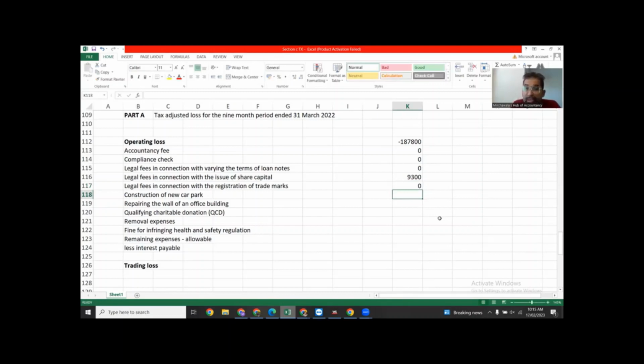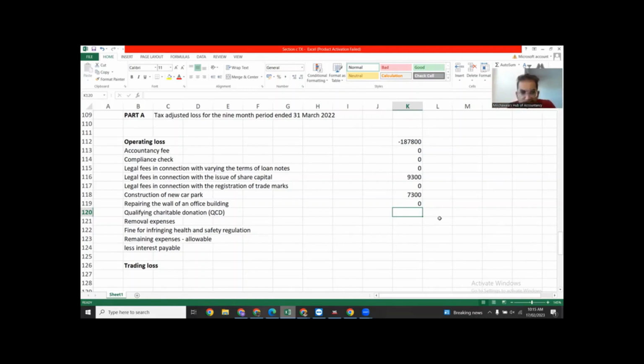Then construction of a new car park. I told you new car park is improvement, so 7,300 will be added. Then repairing the wall of an office building, it's allowed, so we'll write 0. Qualifying charitable donation, not allowed from here, but yes, it is allowed from total income.